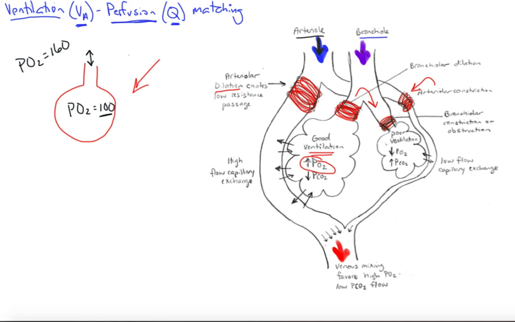In other words, the low PO2 here and the high CO2 here, again, for the same reason, poor ventilation, would cause constriction of this arteriolar smooth muscle. And vice versa on the other side here. Where we have good ventilation, we would want the arteriole to be open and give us matching good perfusion. Okay, that's local control of airflow and blood flow, and we'll do another video on neural control of breathing.